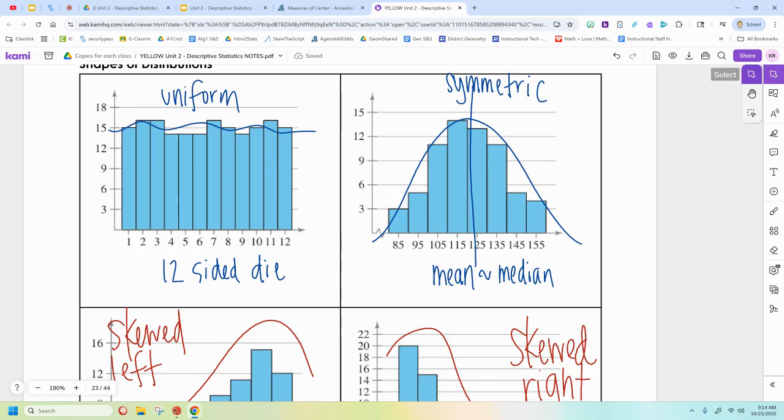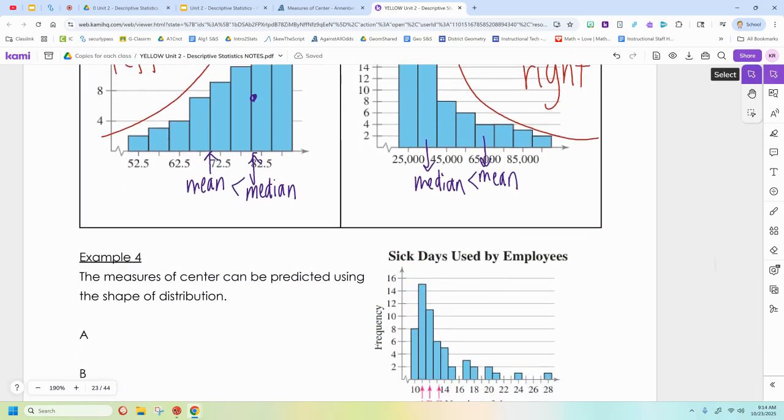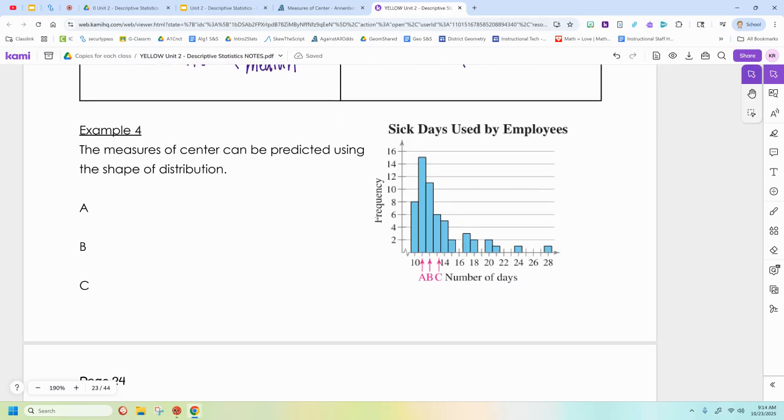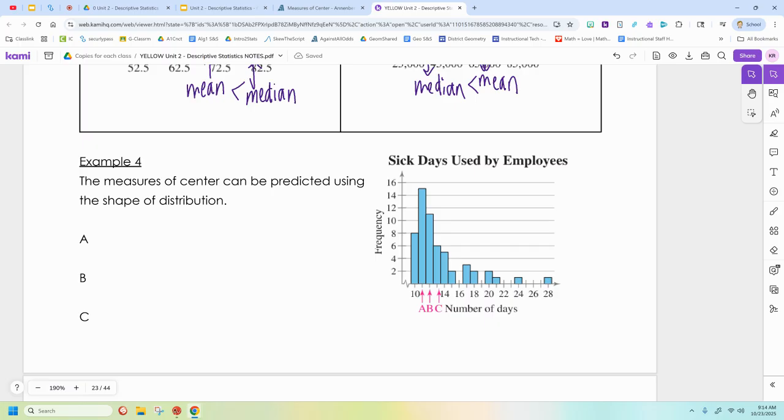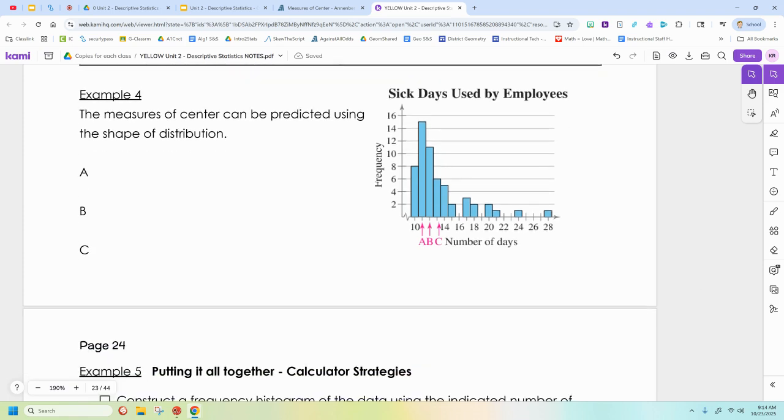Okay, good. So now down at the bottom, here we go, another application question that would be on a quiz. If you were to look at this, this is sick days used by employees. We can see that 15 employees use about 12 sick days in that year, okay? You guys have experienced teachers being out, right? That's a frequent situation. If any of you have jobs, you have probably had to call in sick yourself, or you've experienced when somebody doesn't show up to their shift, and you know the ramifications of that.